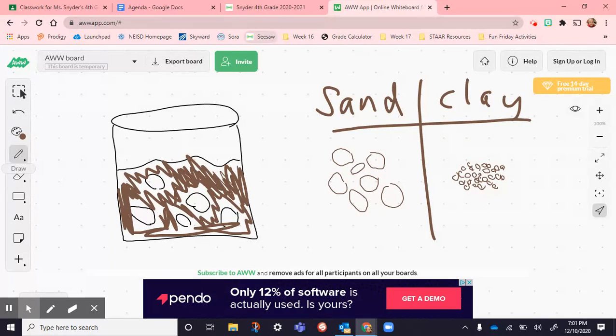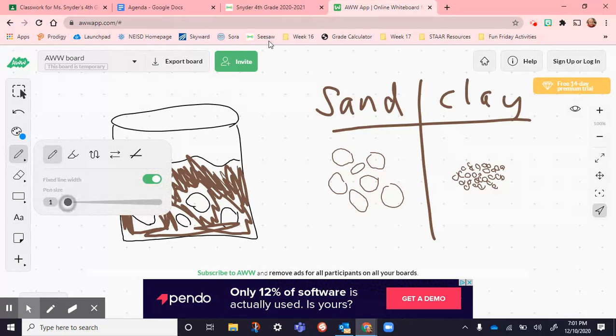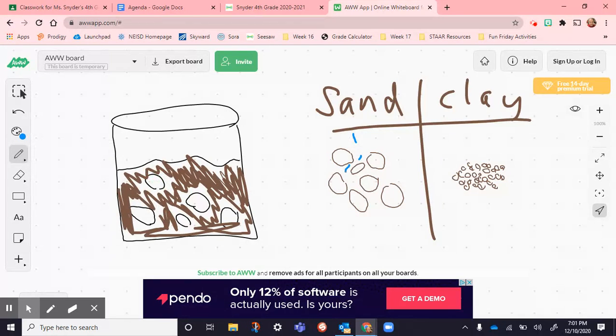So here with the water, we took some water and we poured the water in. So let me get some water. And what happened is, with sand, with these big gaps, the water will come in and go right through the big gaps because of how the particle sizes are.